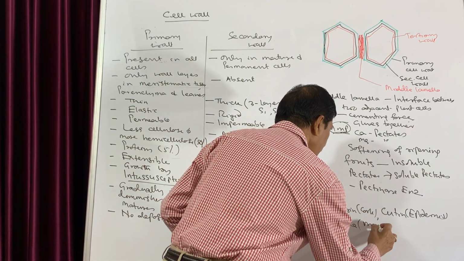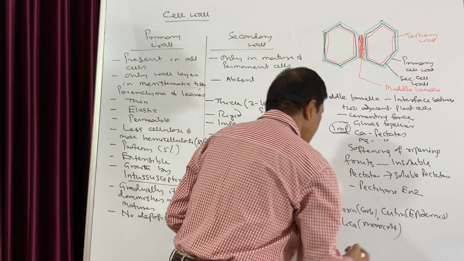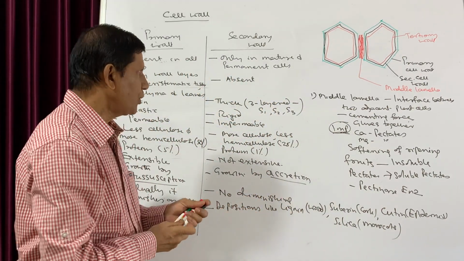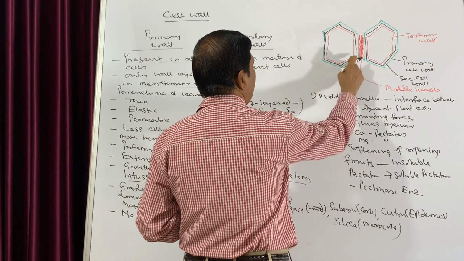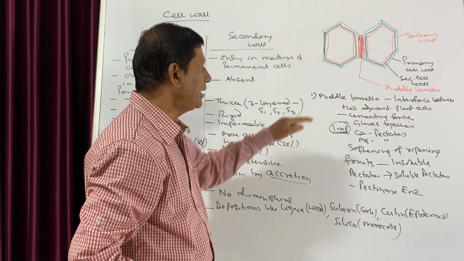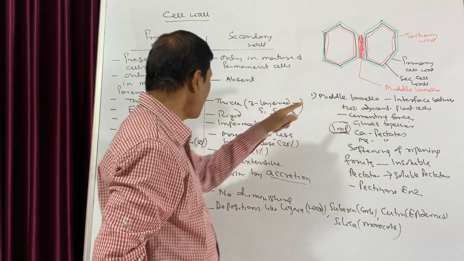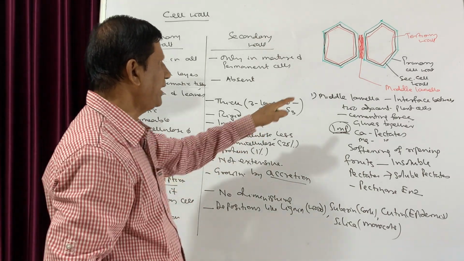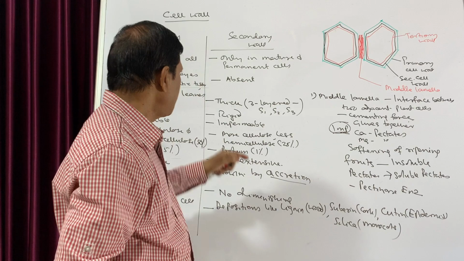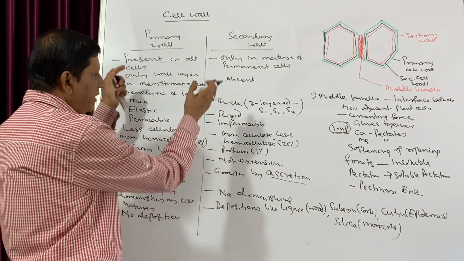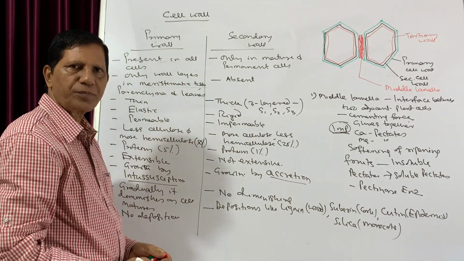So this green layer is the primary wall having these characters. Then inner to this is the secondary wall which has all these characters. So you can remember in a comparative manner.